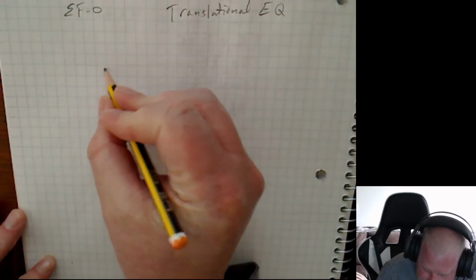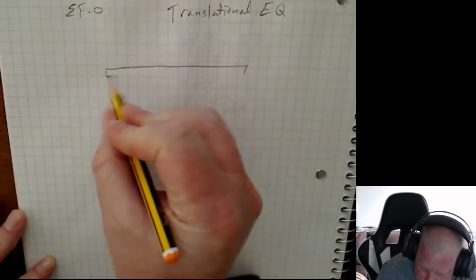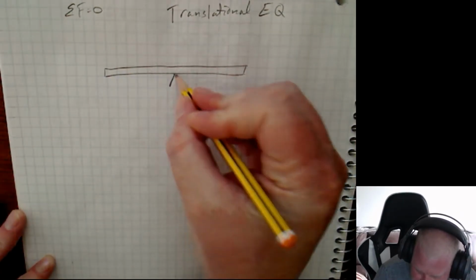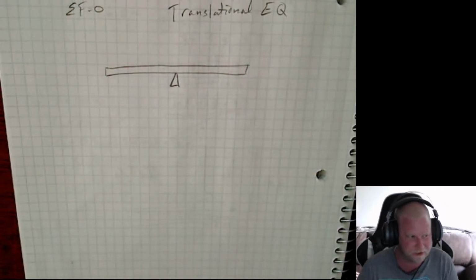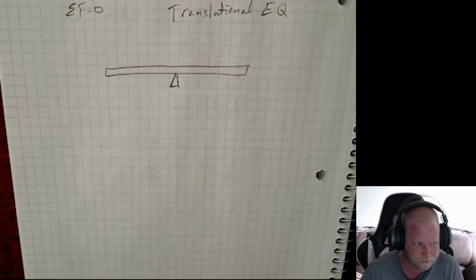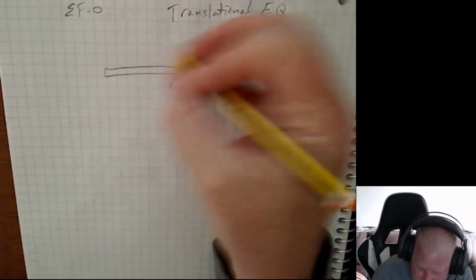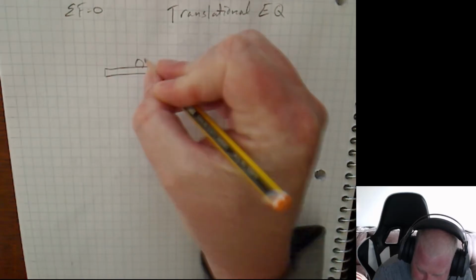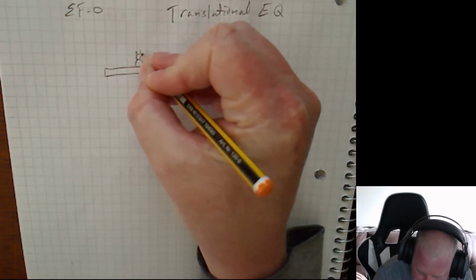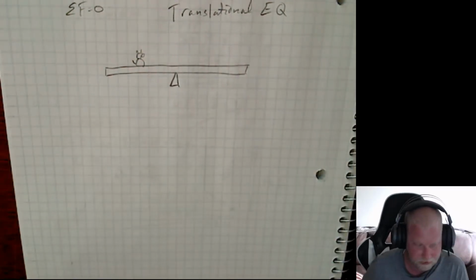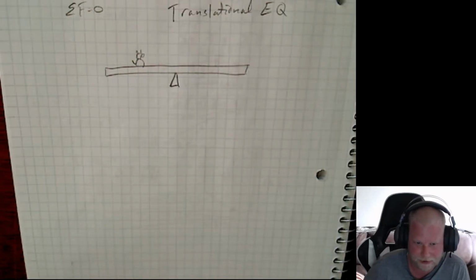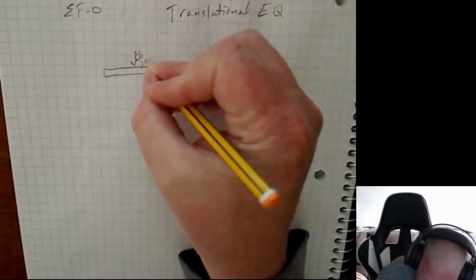So let's start by just setting this up. Now we've got ourselves a seesaw with a centrally located pivot. Now we've got our dog, Irving, who is sitting 3 meters from the pivot.